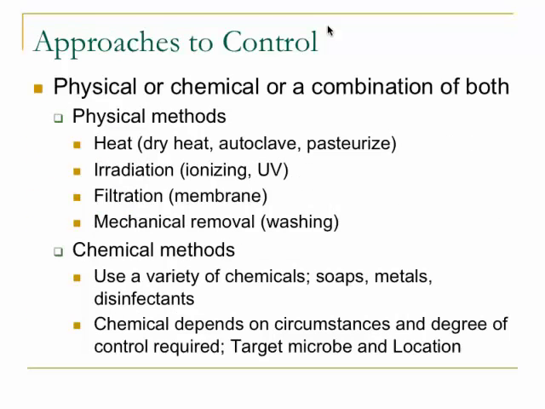There are four major areas of physical means of control: heat, radiation, filtration. The final one being mechanical removal, so that's like washing our hands. And mechanical removal can be aided by chemicals, so we use soaps.